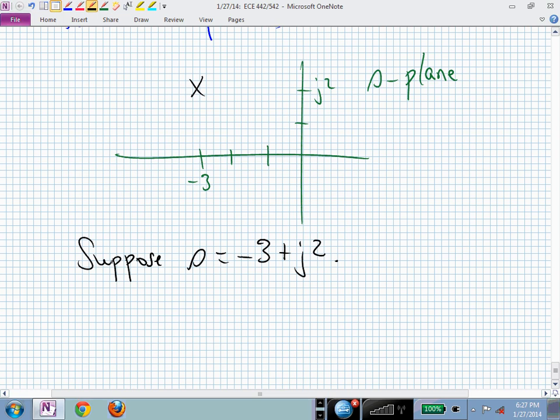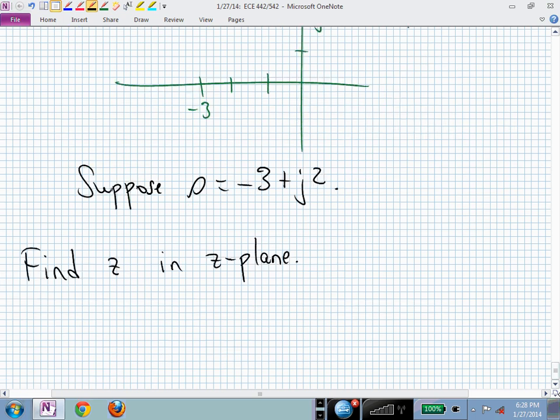We're going to map that into the Z-plane, which is also another complex plane, a separate complex plane that also has a real axis and an imaginary axis. And we want to know, where does that guy go relative to the Z-plane? So we're not finding Waldo. Where's Waldo? We're finding Z. That's more interesting anyway, right? So now find Z in the Z-plane.